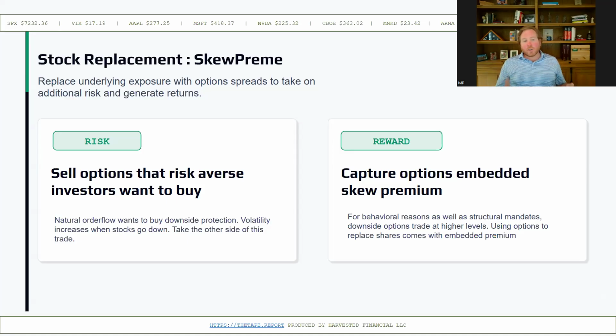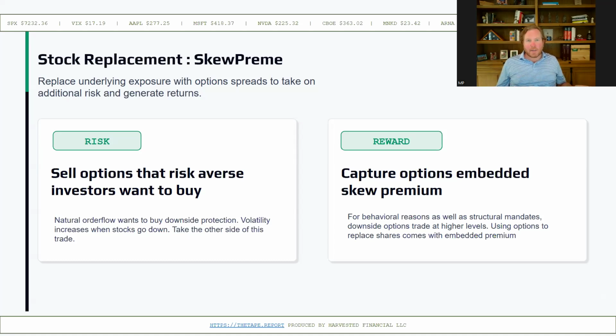So the other interesting point here is that there's not only this behavioral reason why investors like that downside, but there's also a lot of structural mandate behind that. And so the reason I like this strategy and the reason I like hedge roll is because there really are structural reasons why these risk reward trade-offs are happening.